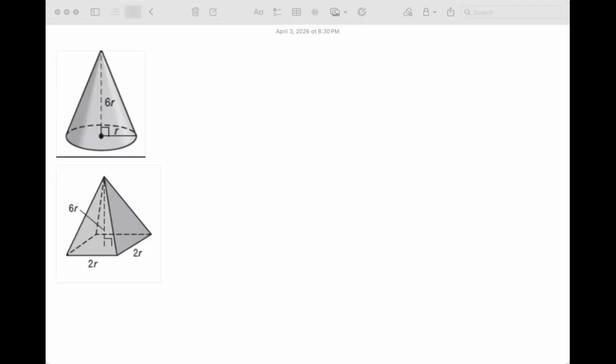You're just going to compare how they are different. Or just tell me what the two volumes are and which is bigger. That is enough.